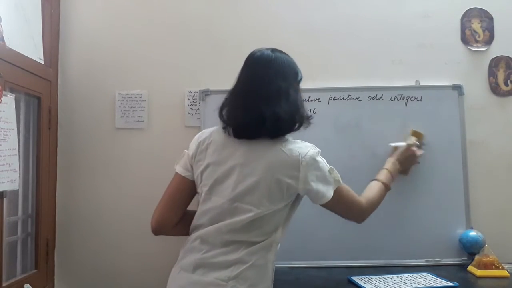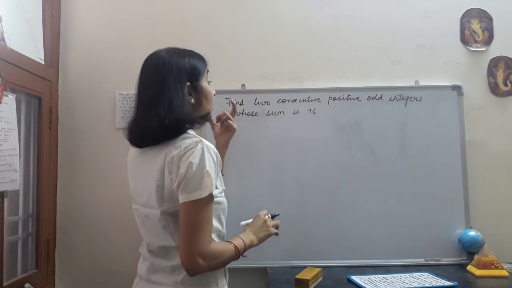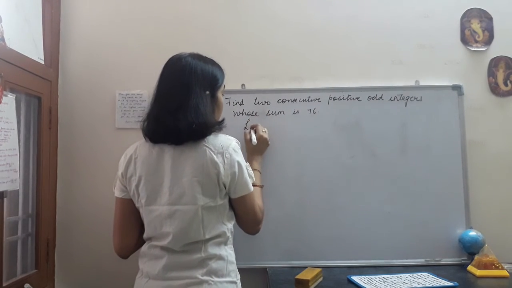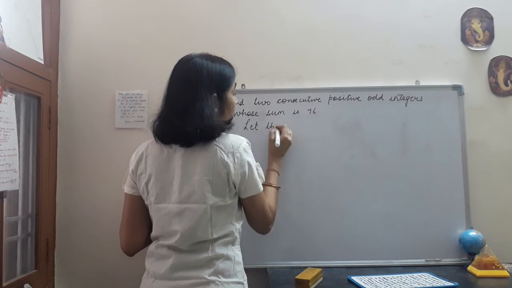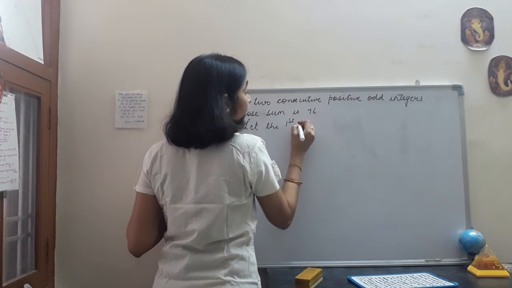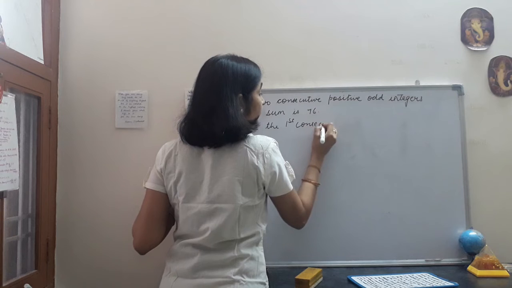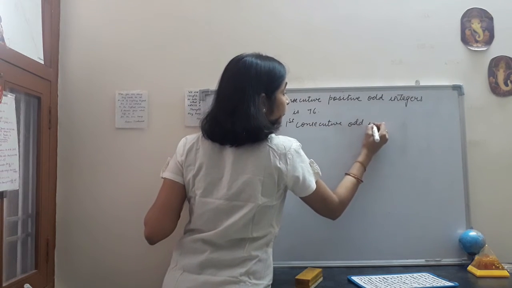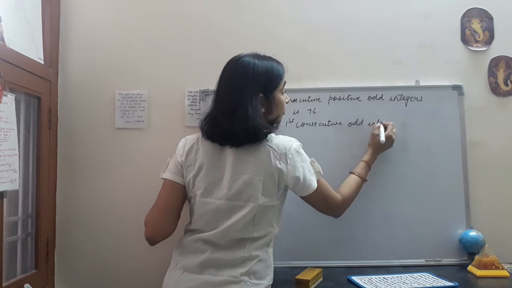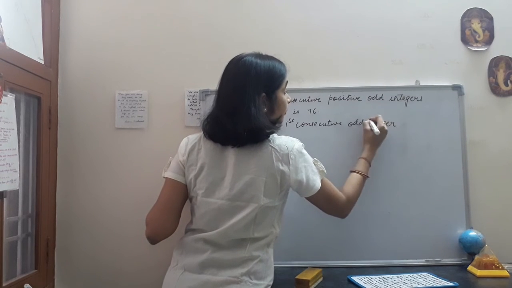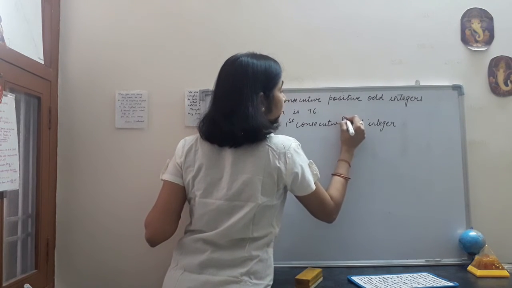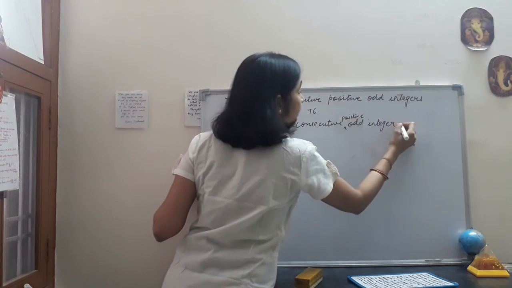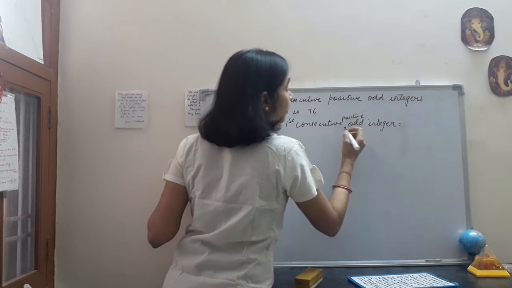So let us see. Now what is given in the question? Two consecutive odd integers we require. So let the first consecutive positive odd integer be x. I add positive here because if it is not written, then it is expected that the answer can be positive or negative.